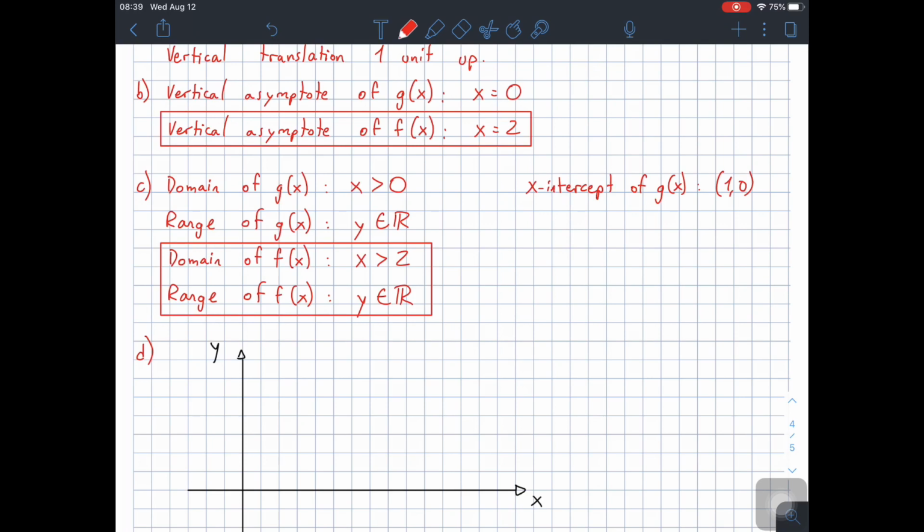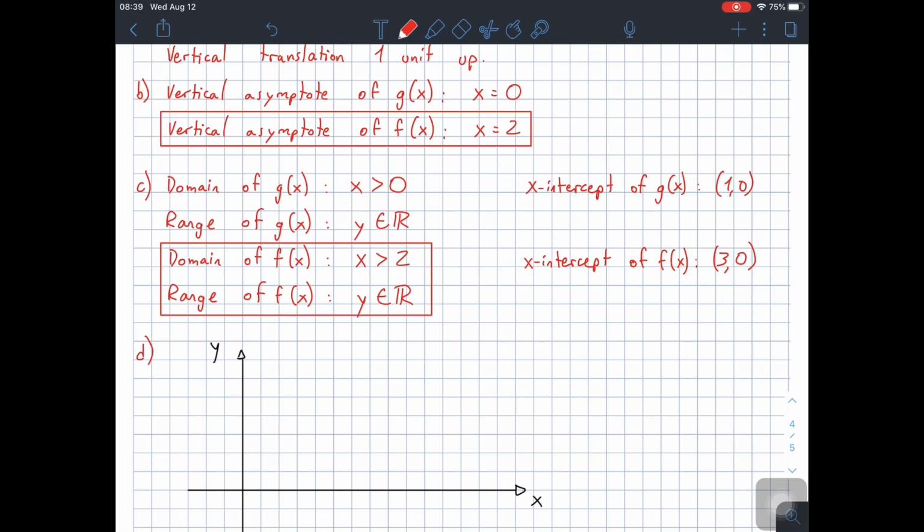So what will be the x-intercept of f of x? If we move the whole function 2 units to the right, then our new x-intercept should be at 3, 0, because we moved the function 2 units to the right.